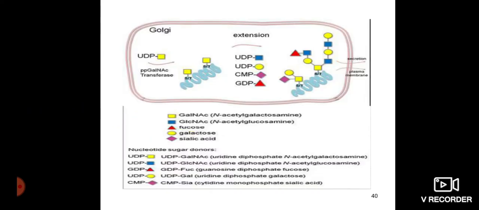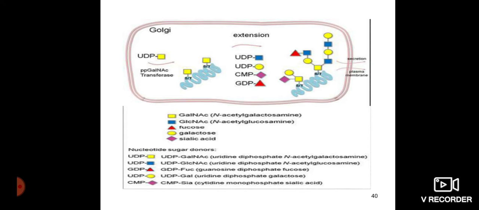So in this particular picture you can see how these sugar units are being added to the polypeptide chain. For example, first the N-acetyl galactosamine is added, followed by N-acetyl glucosamine in a stepwise manner.